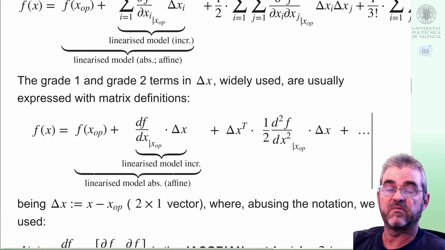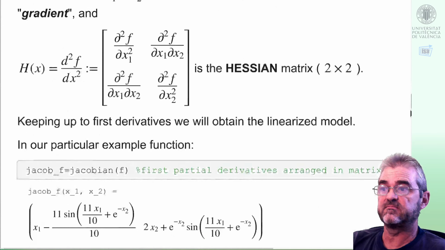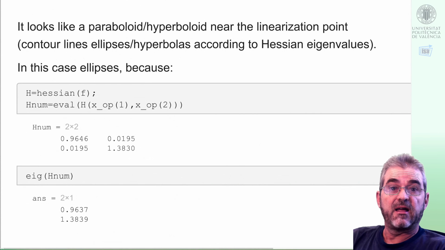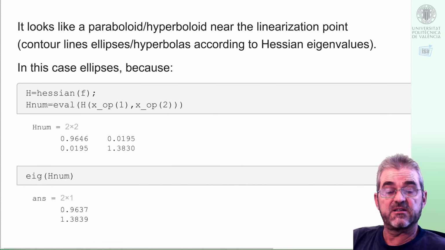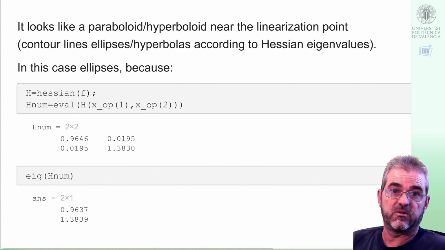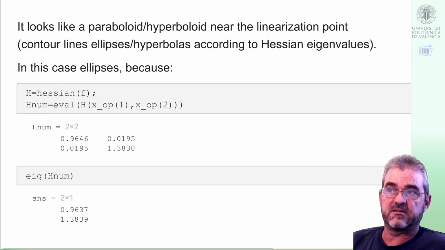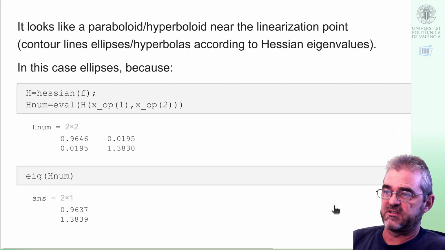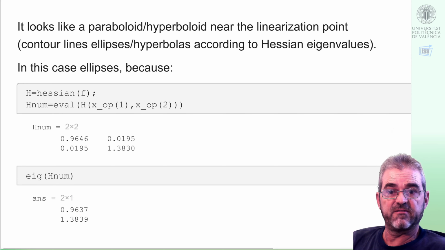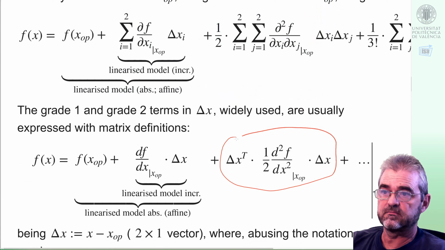Indeed, this quadratic linearization error will be a paraboloid if the Hessian has two positive eigenvalues, because x1 squared plus x2 squared or something like that is a paraboloid in 3D, let's say. And this is the case. These are two positive eigenvalues, so the Hessian is a positive definite matrix.